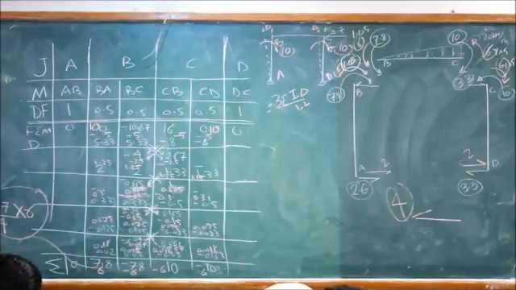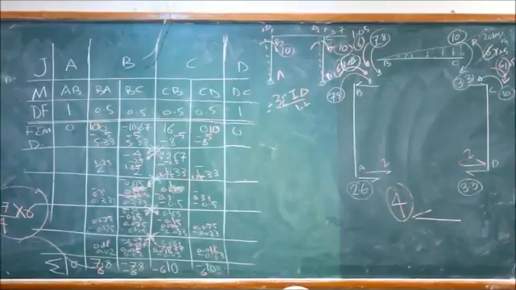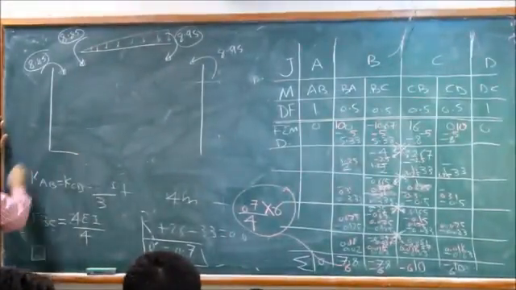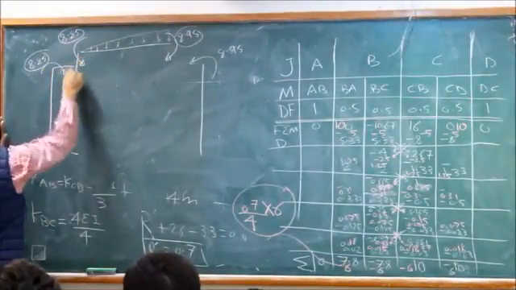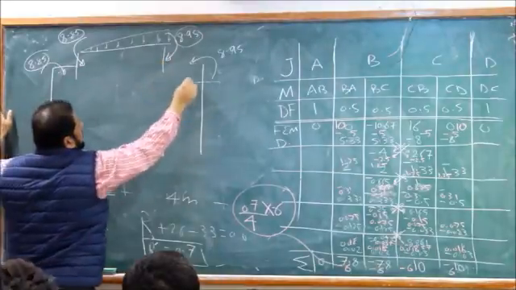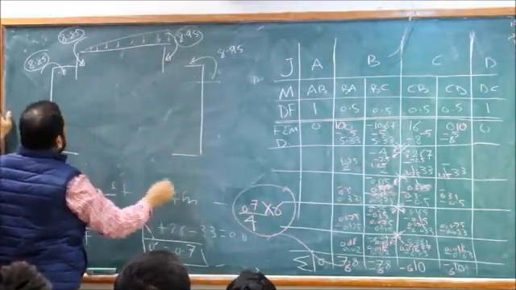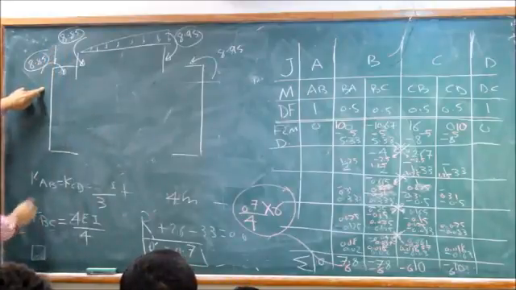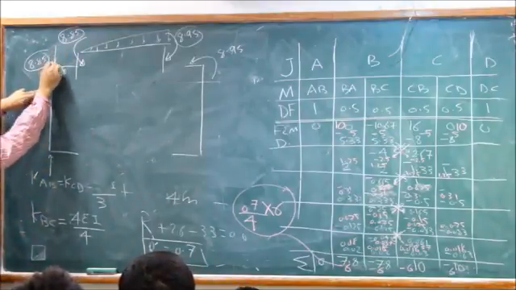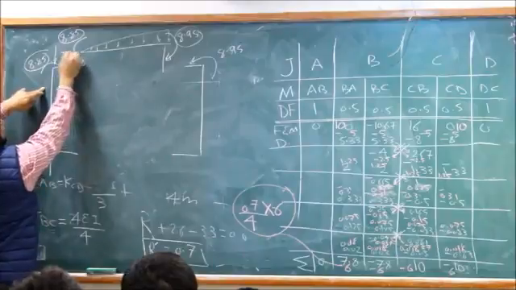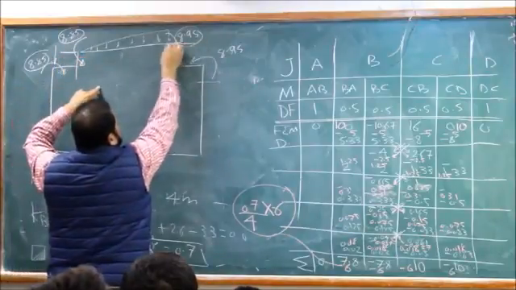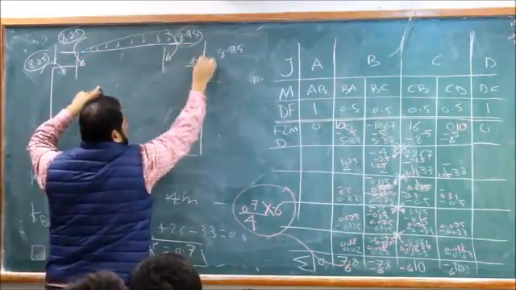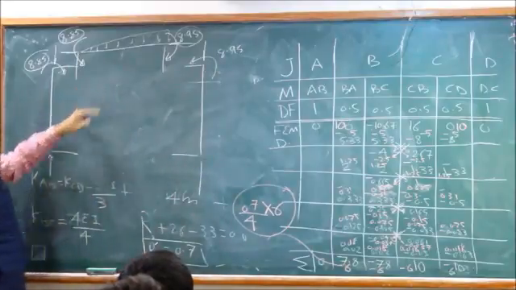Then you can find your shear here, here, here, and here. This shear will be axial here, and this one will be axial here, and this shear will be axial in the column, and there will be a reaction up.